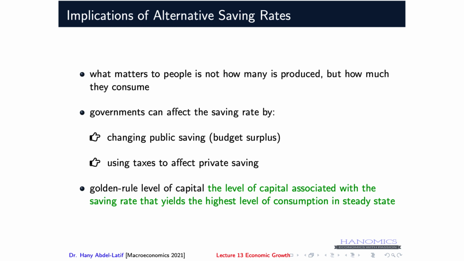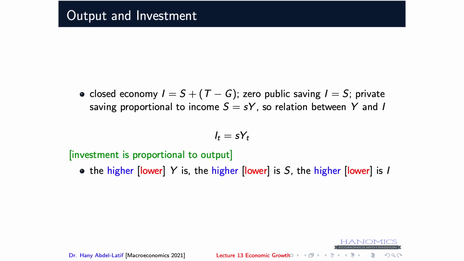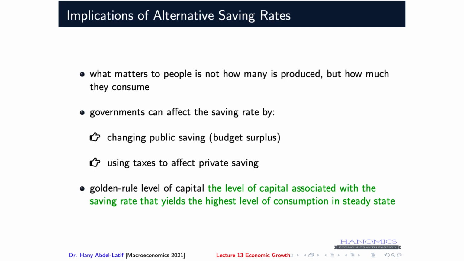If you remember what we said about equilibrium, investment equals saving, and saving has two components: private saving plus public saving. To make it simple, we assume that public saving is zero, but in reality it doesn't have to be zero. So you don't have to run a balanced budget. You could have a deficit, or you could have a surplus.